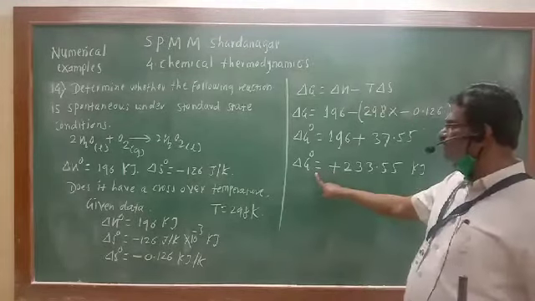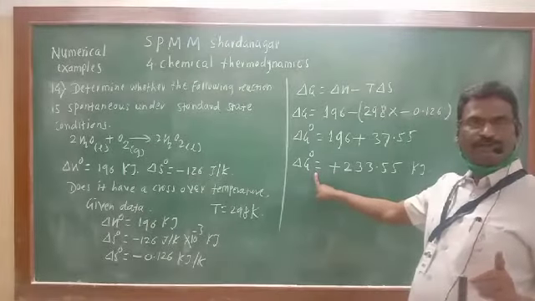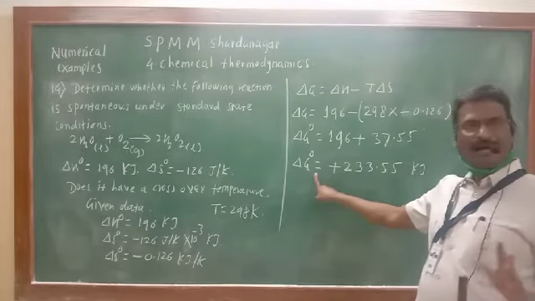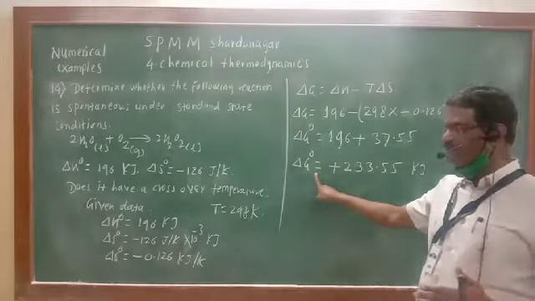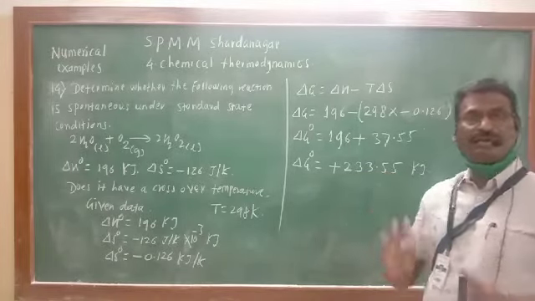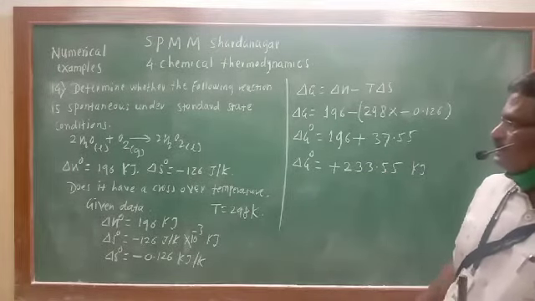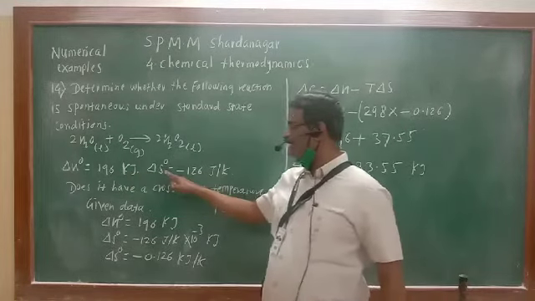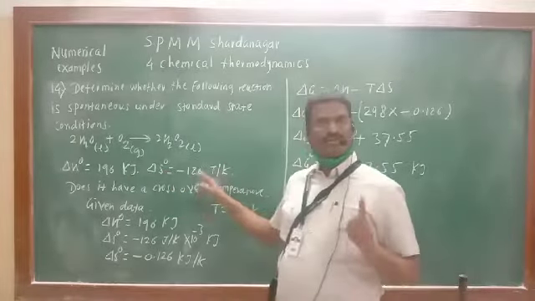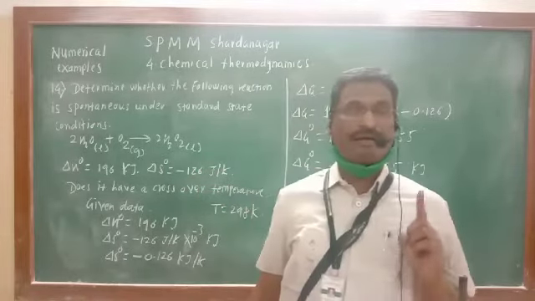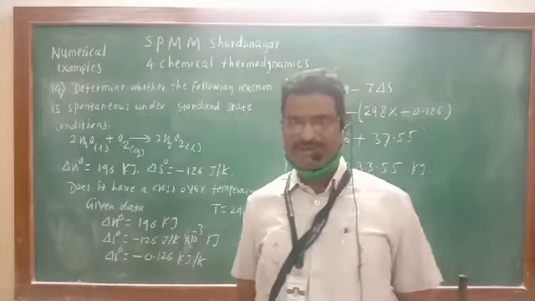Since this is positive, we know that the process is non-spontaneous, and as per that chart, this is a non-spontaneous process at any given temperature, because the value of delta H they have given is positive and delta S they have given is negative. Therefore, this reaction is always non-spontaneous at any given temperature.